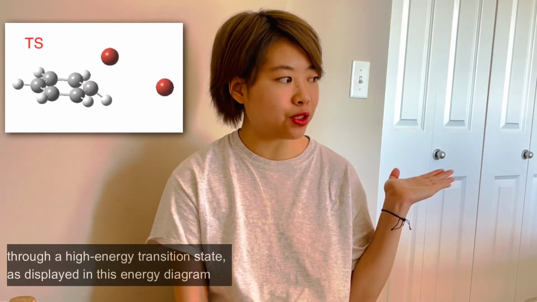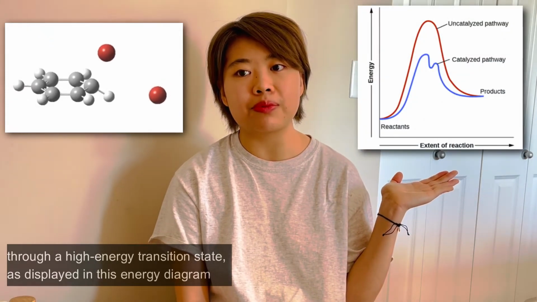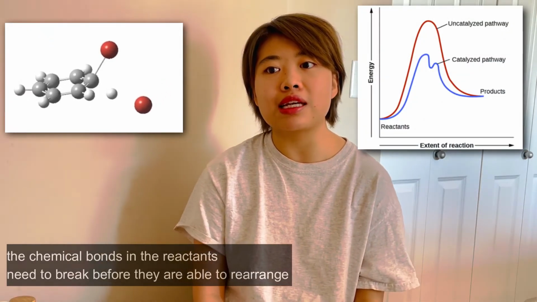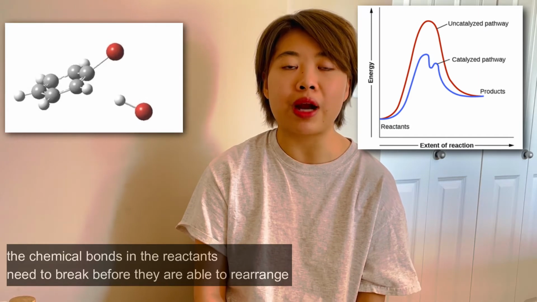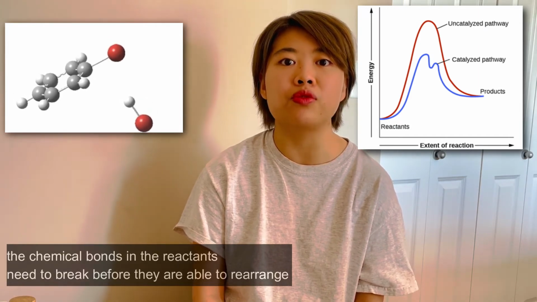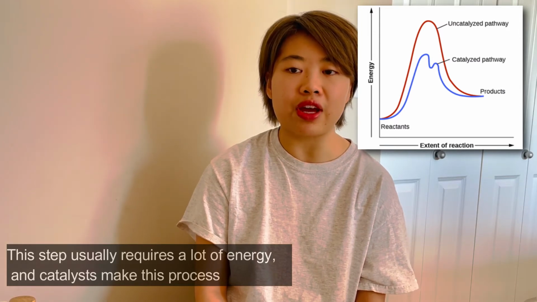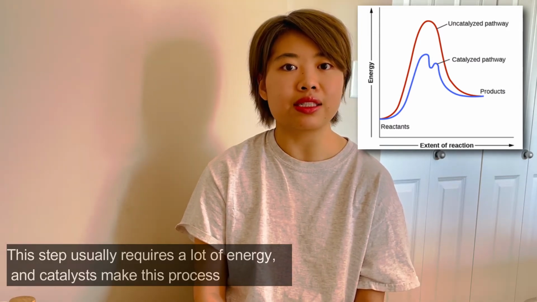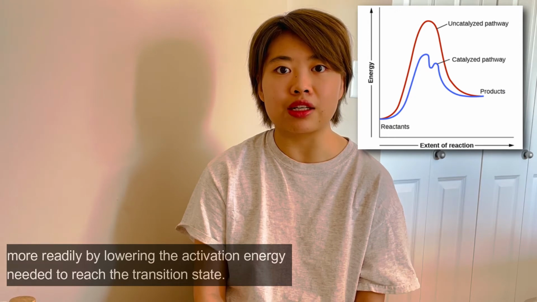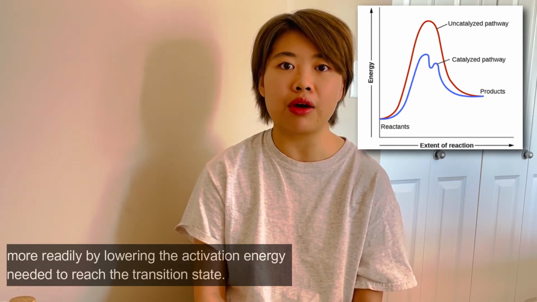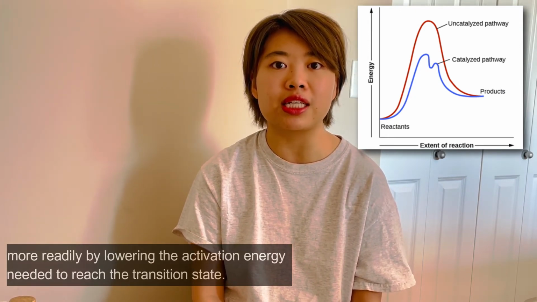For this process to occur, the reactants must travel through a high-energy transition state, as displayed in this energy diagram. So the chemical bonds in the reactants need to break before they are able to rearrange. And this step usually requires a lot of energy. And catalysts make this process occur much more readily by lowering the activation energy it takes.